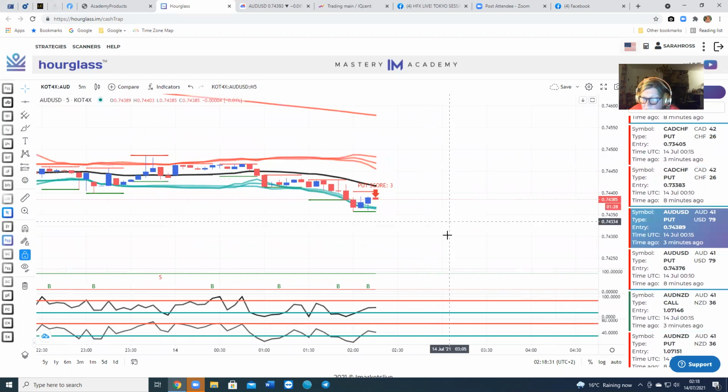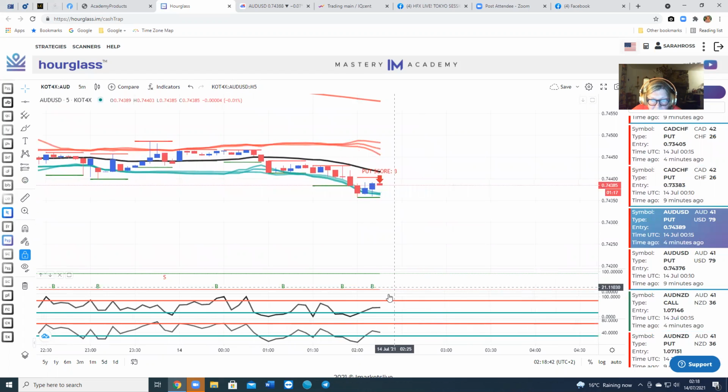That's now changed to a put score of 3. So we've got the Australian dollar in our favour, 41 to 79. A put at 389. I had 384. It's right in the middle of our momentum indicators. I want it to push up a bit more. So we'll look at this for the half hour.